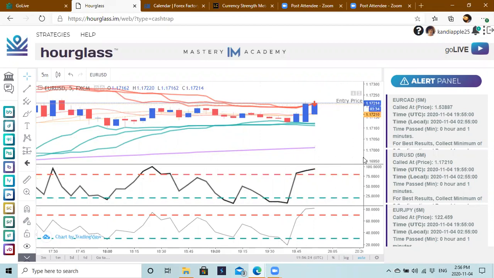Understood. Okay. This now here is the arrow. This tells us if we should be going in or not going in. Meaning, right now, Euro USD, we're aware that Euro is stronger than USD. So we need a green arrow to appear instead of a red one for us to go in for a trade.